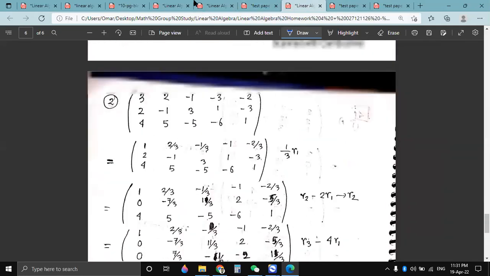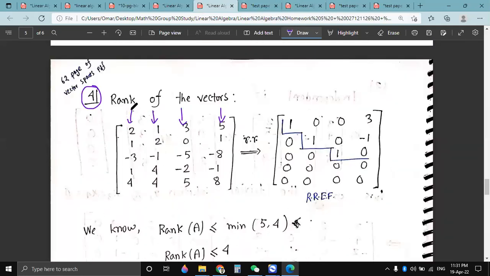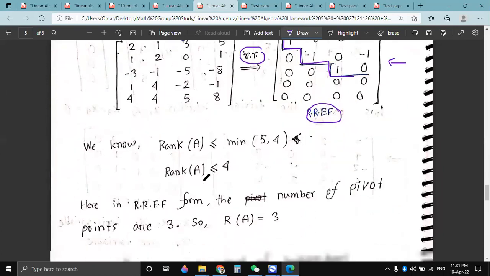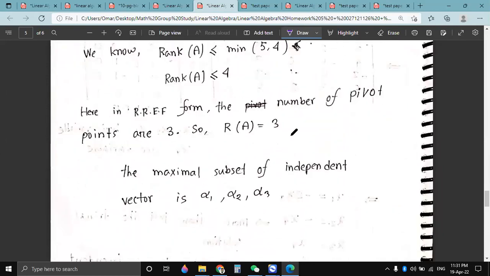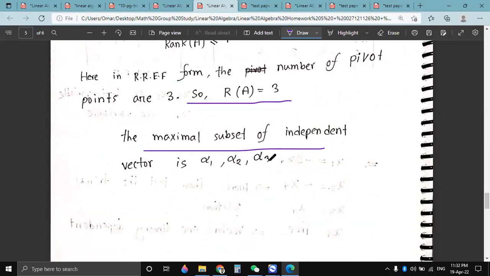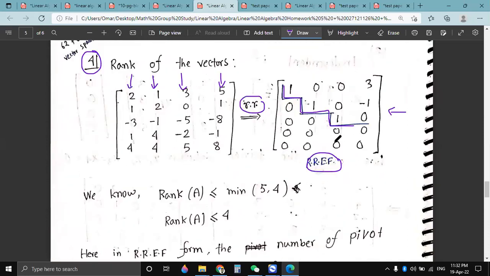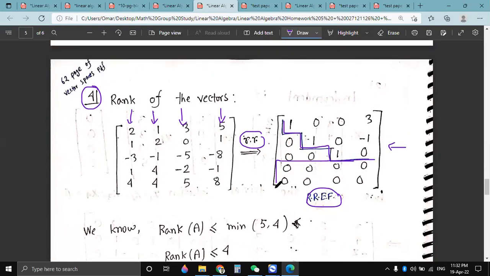So I have written here alpha 1, alpha 2, alpha 3, and alpha 4, and I have reduced the rows, and I got this one. So this is our RREF form, and if you look here, the rank is 1, 2, 3, right? So the rank is 3, and then the maximum subset of independent vectors is alpha 1, alpha 2, and alpha 3.